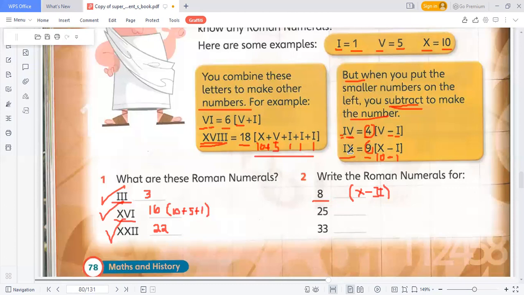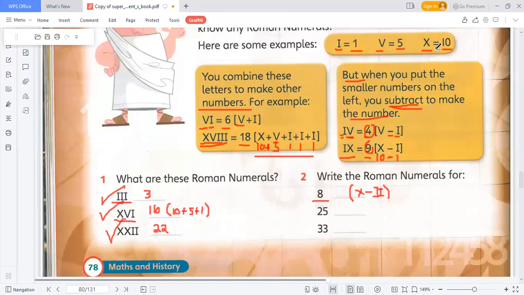But it says here that we need to put first at the beginning the smaller numbers. Which is smaller, I or X? Which is smaller, I or X?